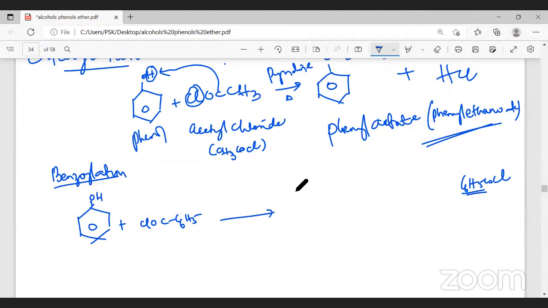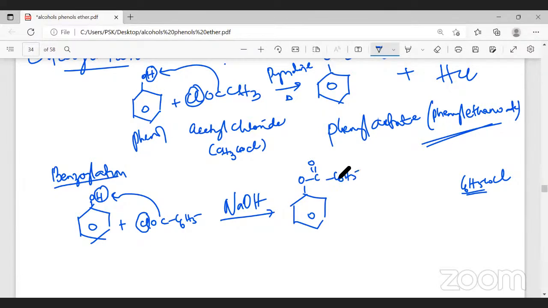In the presence of sodium hydroxide, here it is not pyridine, what happens? This H and this Cl get eliminated as HCl. In place of H, carbon goes. So you get a benzene ring, oxygen, C double bond O, C6H5, plus HCl.